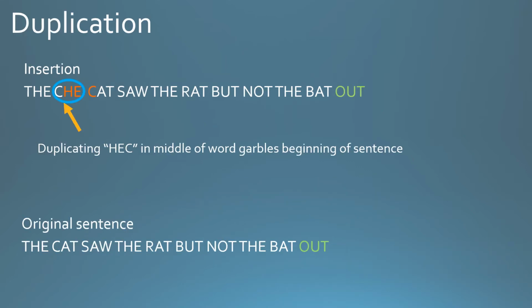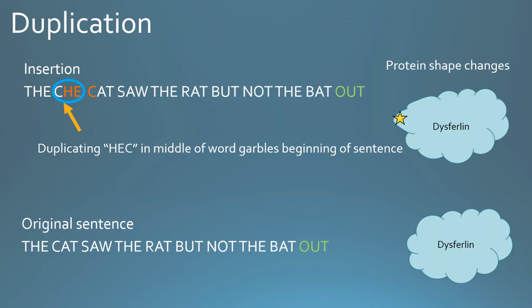Okay, so a special kind of insertion is called a duplication, and that is that you just repeat one or more letters of DNA. And so that really works pretty much the same way. It can either be in frame or out of frame, meaning in frame means that the number of letters you insert is a multiple of 3.